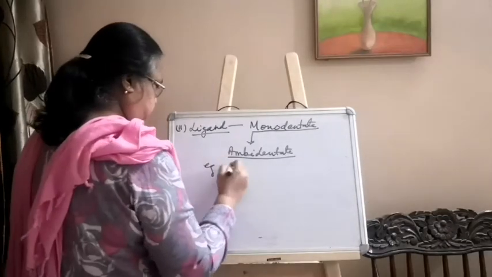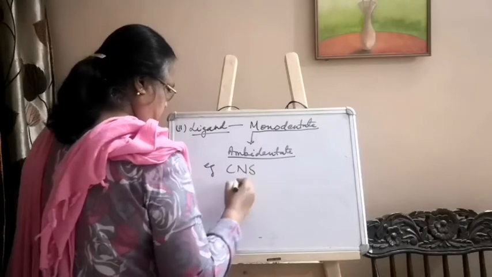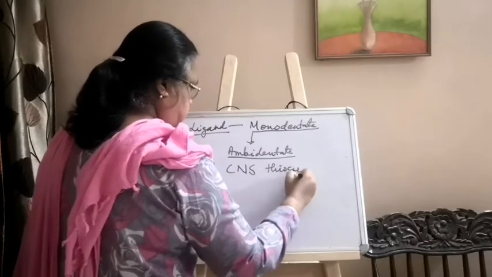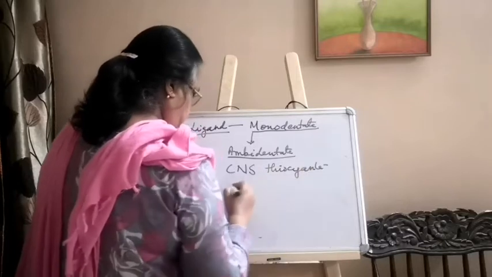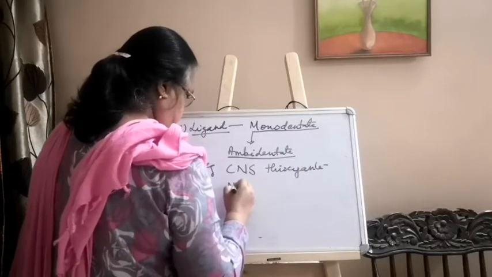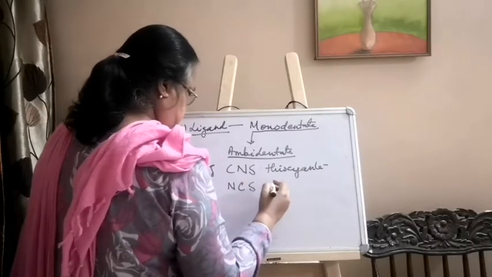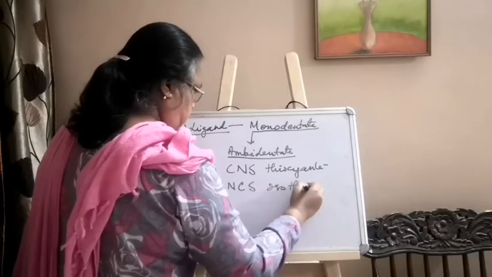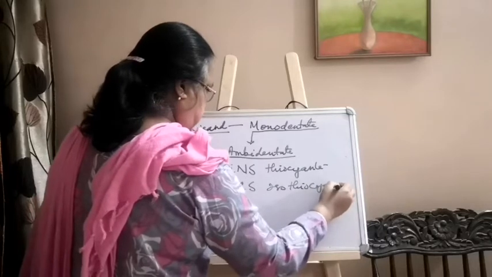The example is SCN, and this is your thiocyanate, and this is NCS. This is your isothiocyanate.